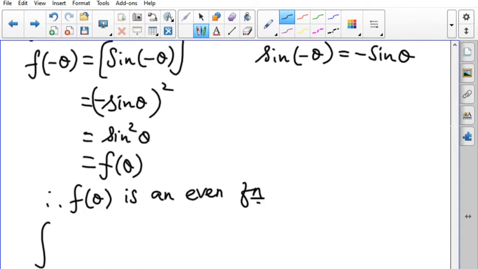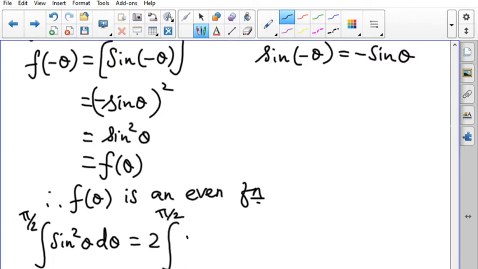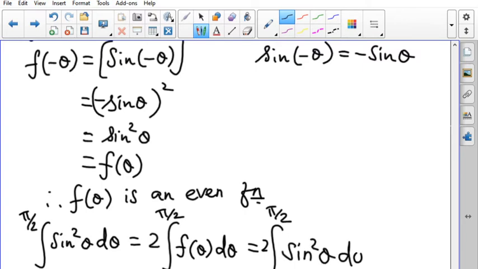Integral minus pi by 2 to pi by 2 sin square theta d theta is equal to, since it is an even function, 2 into integral 0 to pi by 2 f of theta d theta, which is 2 into integral 0 to pi by 2 sin square theta d theta.